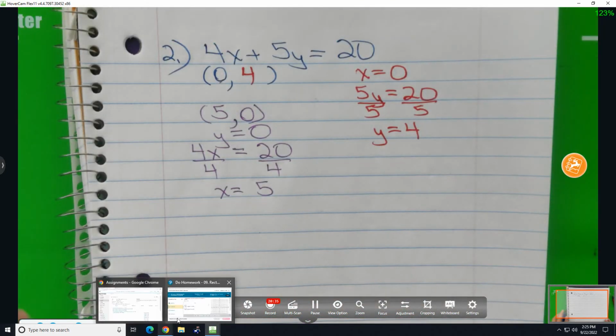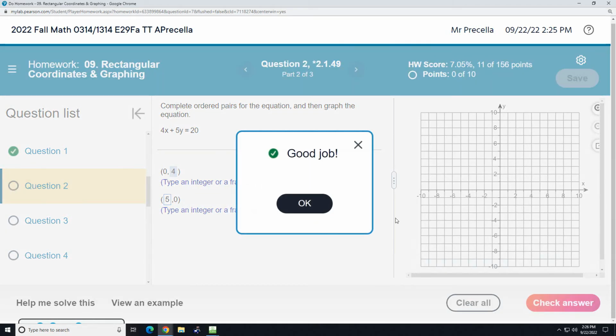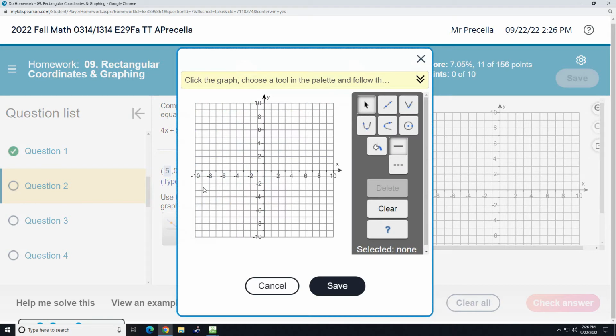So here are the ordered pairs we're going to be plotting: 0, 4, and 5, 0. And now we click to enlarge the graph.